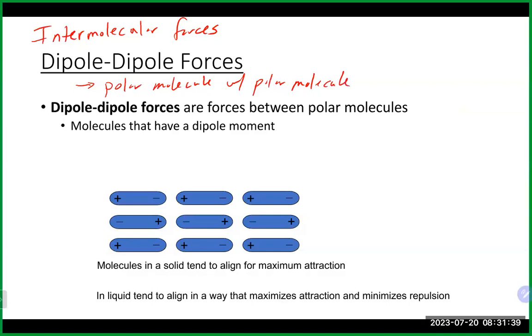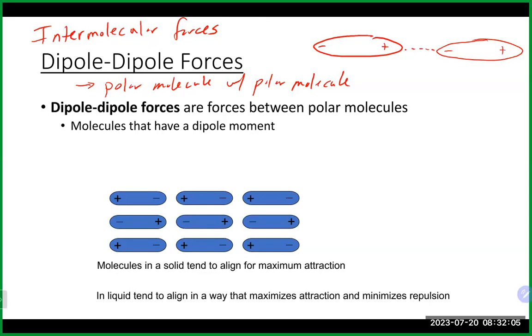So what does it mean when we have a polar molecule? It means we have unequal sharing of electrons overall, and that means there's a dipole moment, so we have a positive side of that molecule and a negative side of that molecule. That is all we need for these molecules to interact like so. The positive side of one will be attracted to the negative side of another.